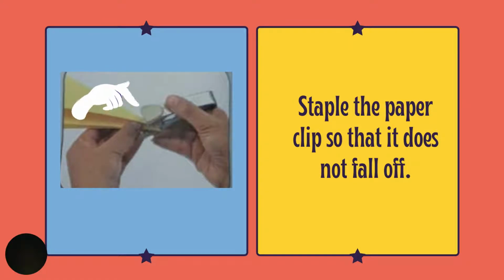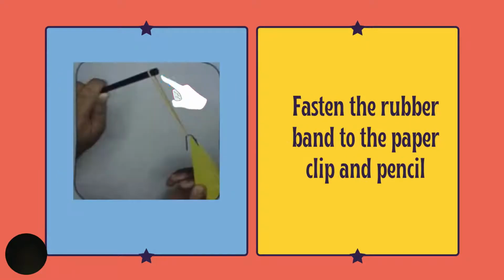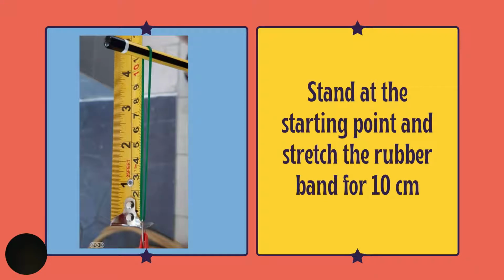Staple the paper clip so that it does not fall off. Fasten the rubber band to the paper clip and pencil. Stand at the starting point and stretch the rubber band for 10 cm.